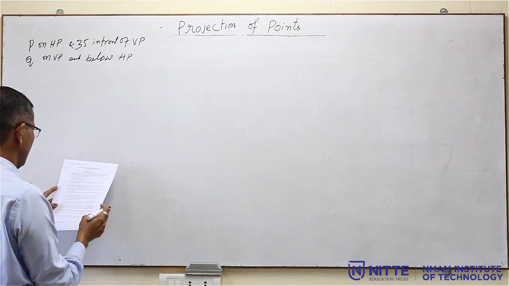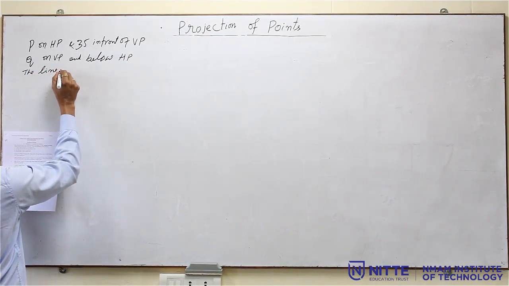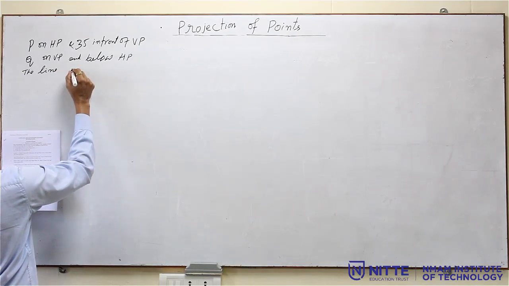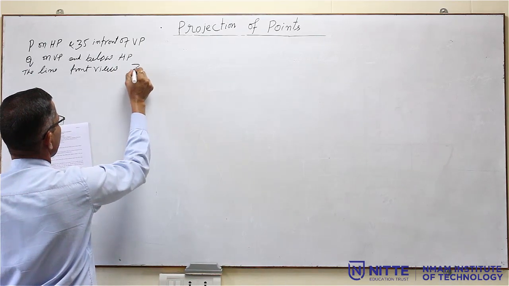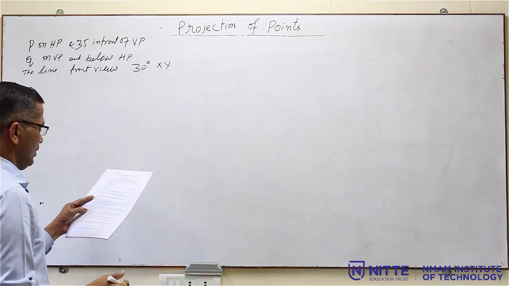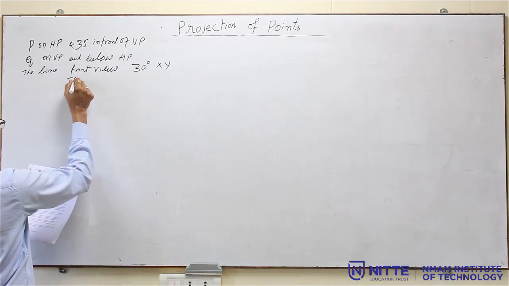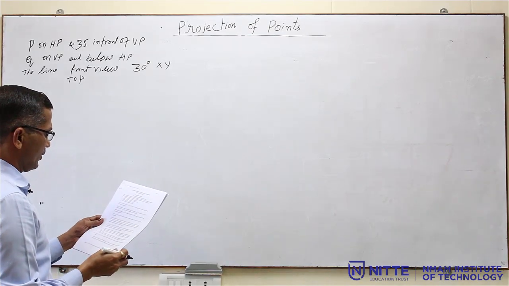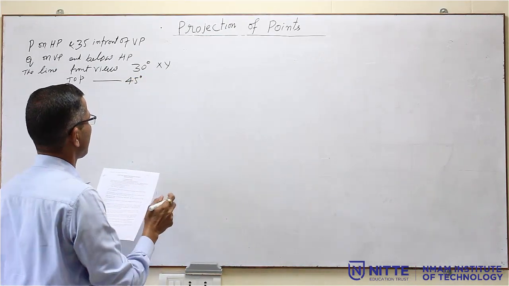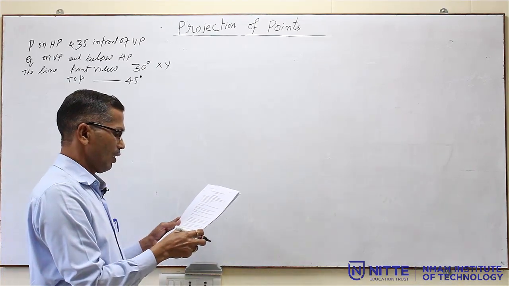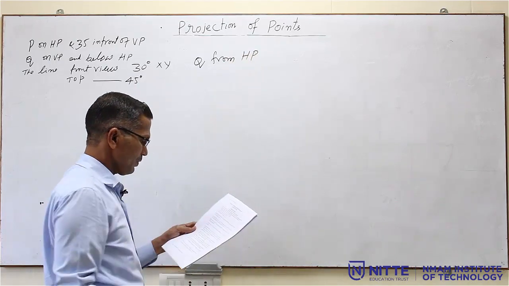The line joining their front views makes an angle of 30 degree with XY line, while the line joining the top views makes an angle of 45 degrees with XY line. Find the distance of point Q from HP.